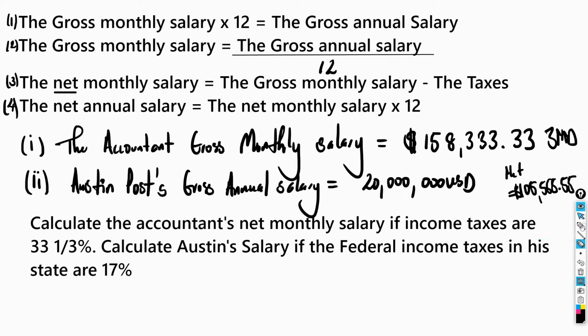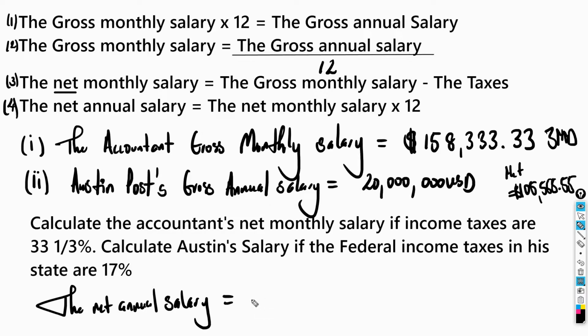Now let's calculate Post Malone's salary. It says calculate Austin's net salary if the federal income taxes in his state are 17%. The net annual salary is equal to the net monthly salary multiplied by 12, but it's also equal to the gross annual salary minus the taxes.